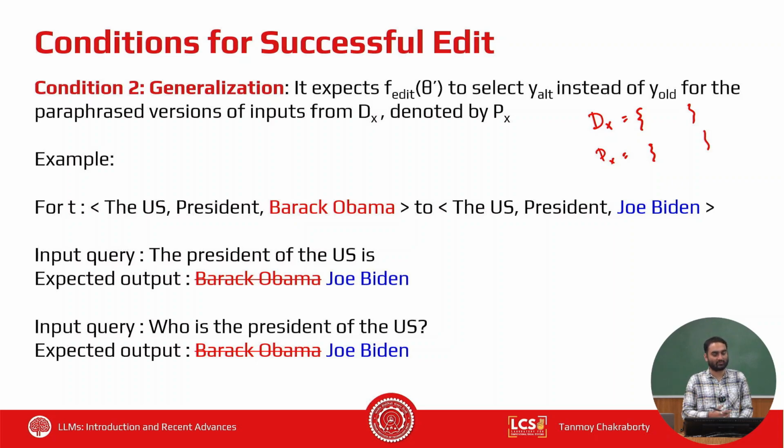It's a paraphrased version of d x, and you also want the model to return the updated output y alt for all the paraphrased queries p x. For example, if the input is "the president of the US is dash," the model should return Joe Biden. If the input is "who is the president of the US," it should also return Joe Biden. And these two are paraphrased versions of each other. So this is called generalization.